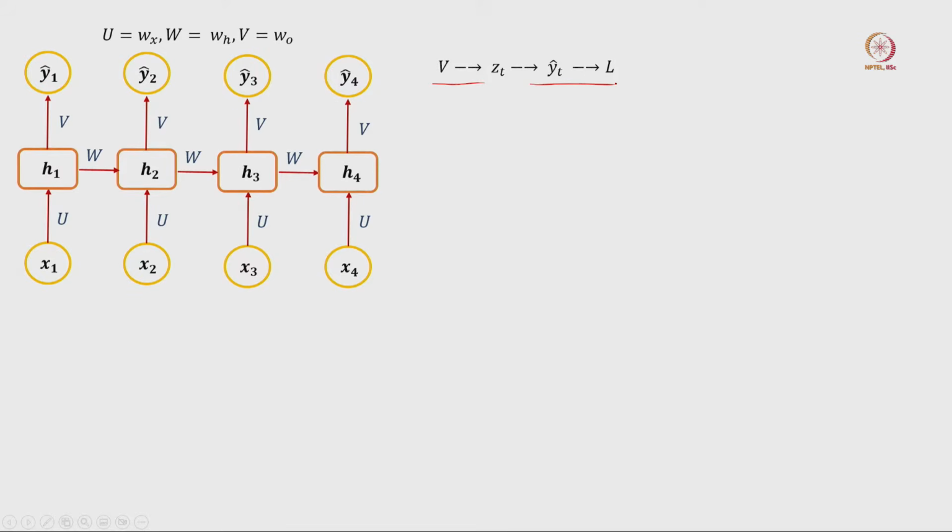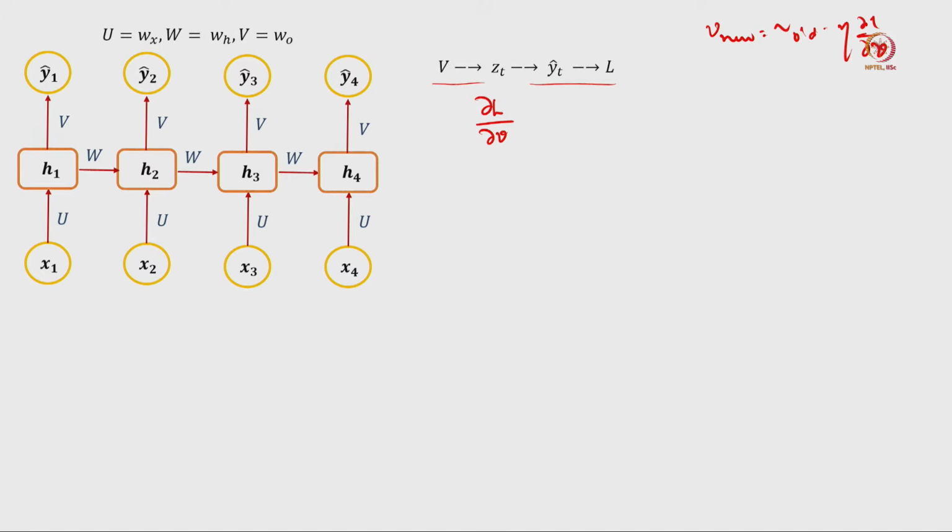So from V you are going to get this Zt, from Zt you are going to get Yt hat and then the loss. So how can you write this? Can we write it in this way? Derivative of loss with respect to V. Therefore, V new is equal to V old minus the derivative of loss with respect to V. This is the formula that we will be writing.